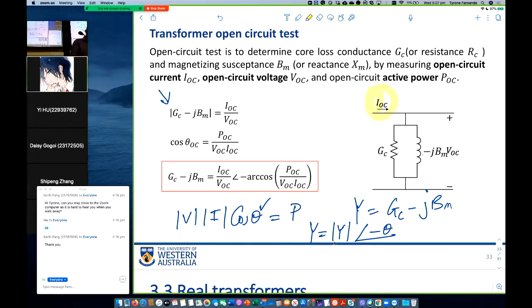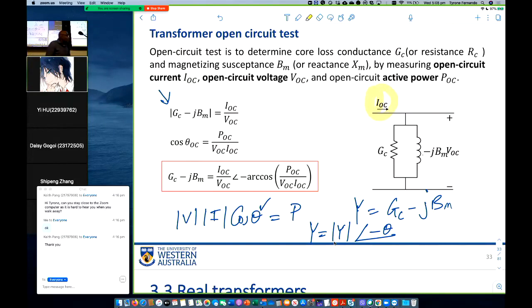The magnitude of current over the magnitude of voltage is the magnitude of the admittance, right? Now, we have power measurements. The active power is the magnitude of the voltage times the magnitude of the current times cos theta. So cos theta must equal the active power over the magnitude of the voltage times the magnitude of current. So I have theta.